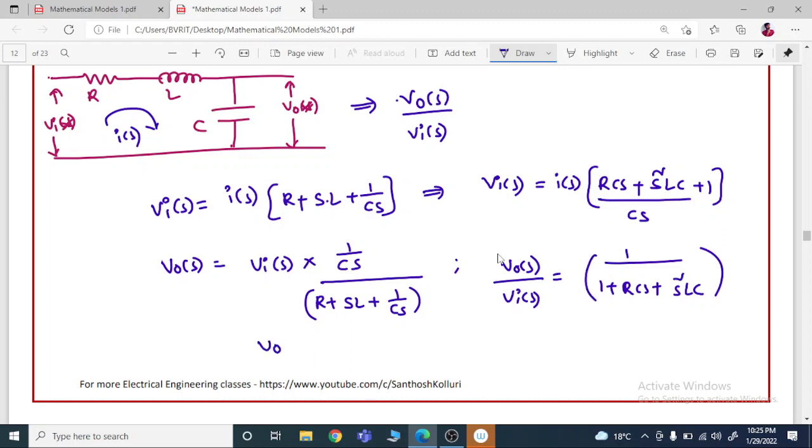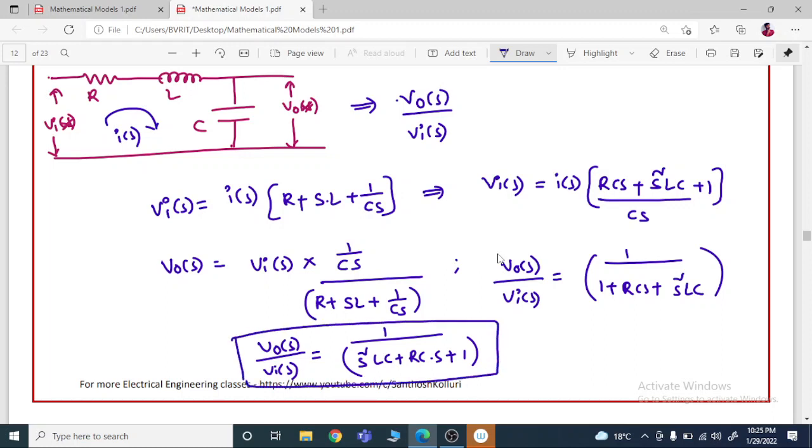So this can be written as V naught of S by Vi of S is equal to 1 by S square into LC plus RC into S plus 1. So this is a second order system. Transfer function of this RLC circuit is a second order system.